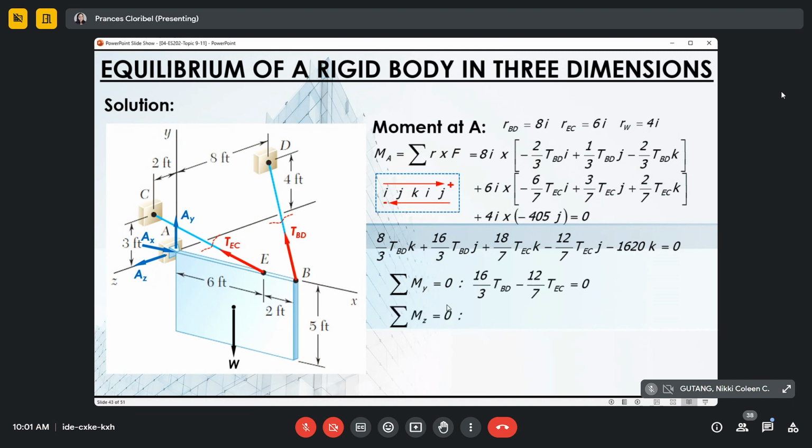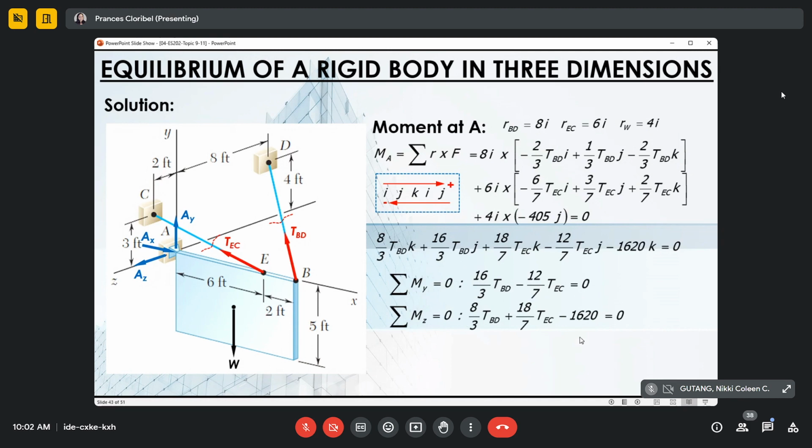Then summing up moments about z, we have all of our z components, and equate to 0. From these two equations, how many unknowns do we have? 1, 2. So this gives two equations with two unknowns.